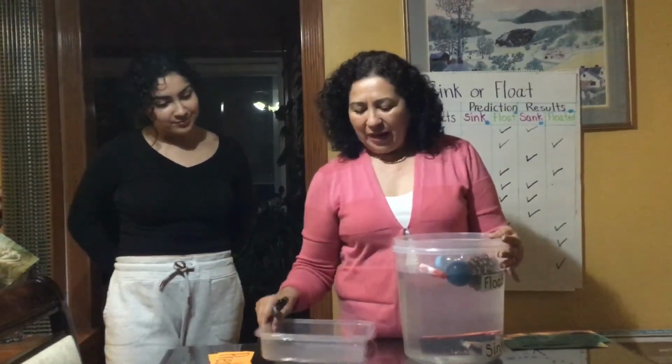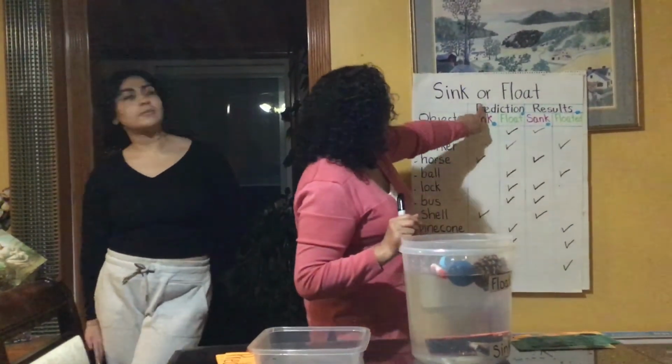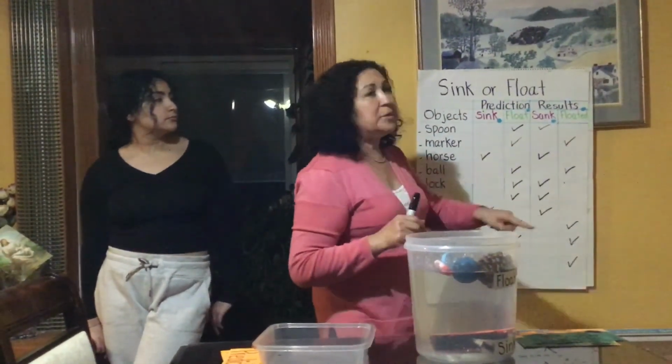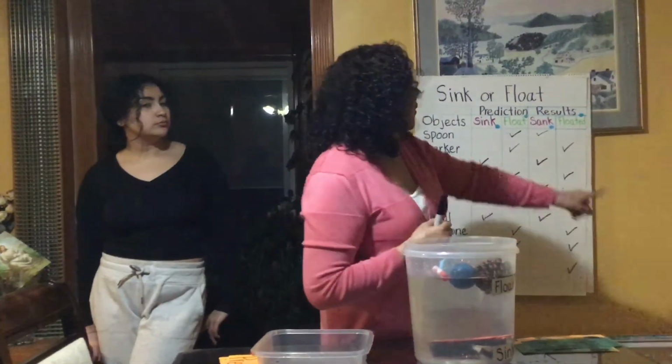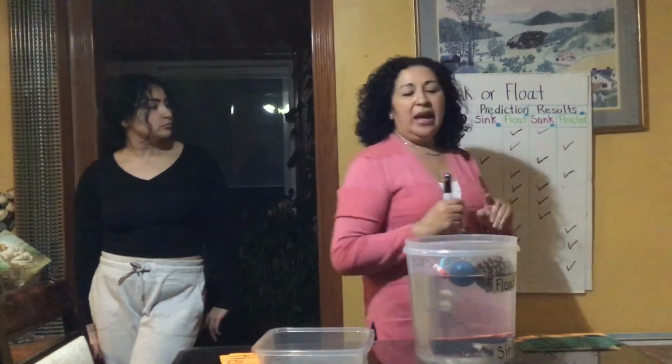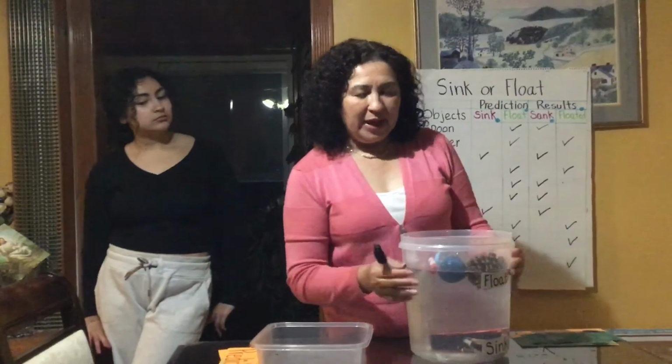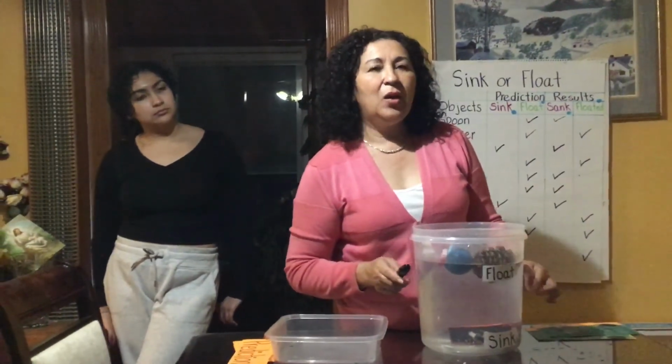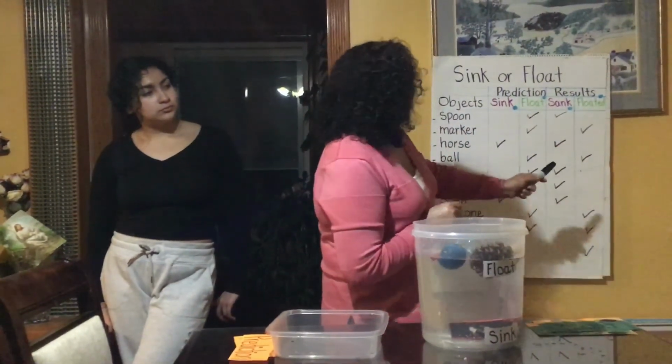Okay, boys and girls, look, when you make an experiment about sink or float, remember you have to predict what is going to happen to the object, and then you write the result. And this is what we did today. We did an experiment on sink or float. So here are the results.